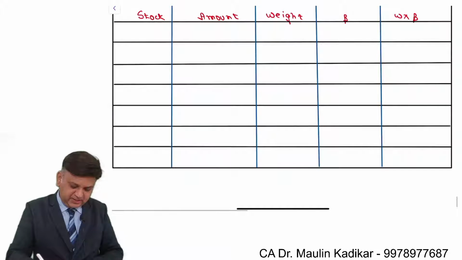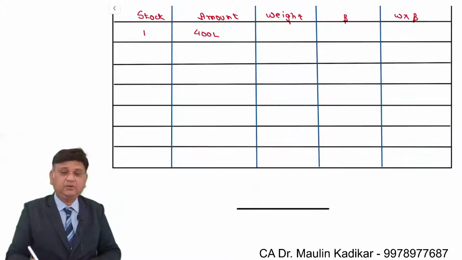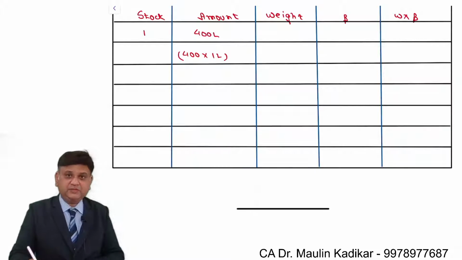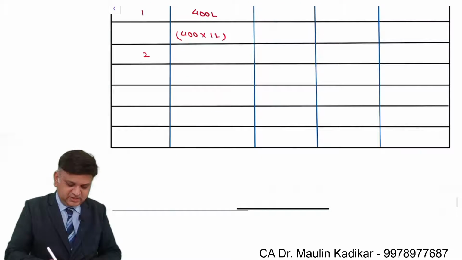So investment is made in first security, an amount of 400 lakhs. That is price of equity share 400 into number of shares 1 lakh. Second one, that is 600 lakhs.